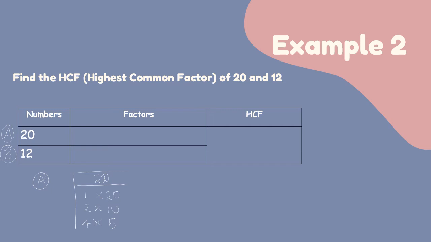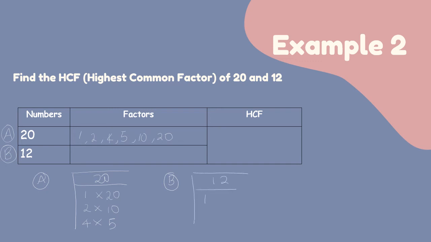So you can list out the factors of 20 up here in the table in ascending form, please. What I mean by ascending form is from smallest to biggest, so it's easier for you to compare later on. So we have 1, 2, 4, 5, 10, and 20. So that's done with step 1. Moving on to step 2, we're going to find factors of number B, that is 12.